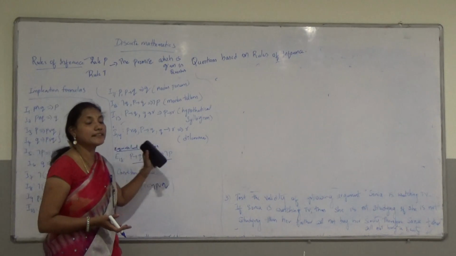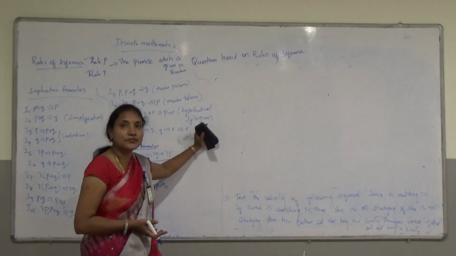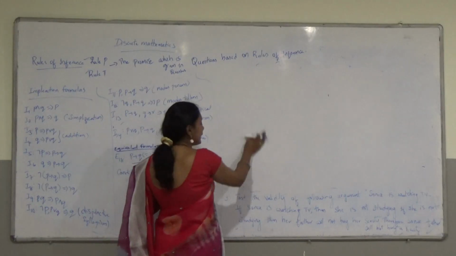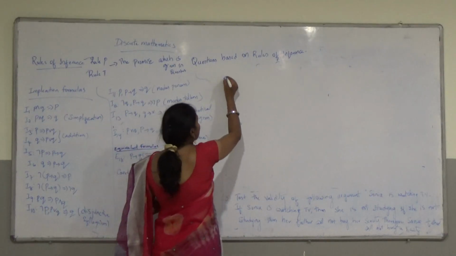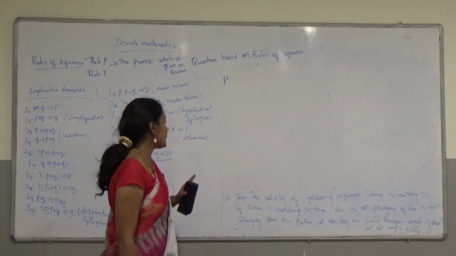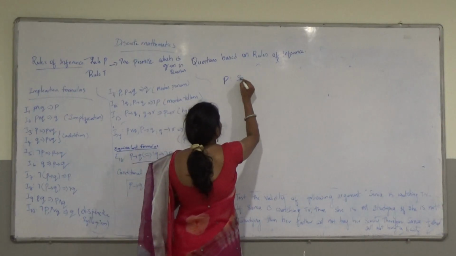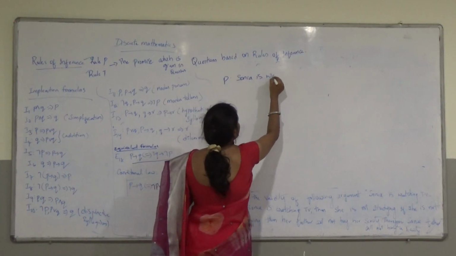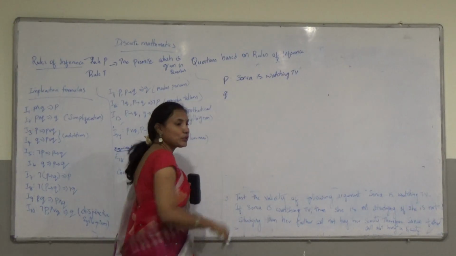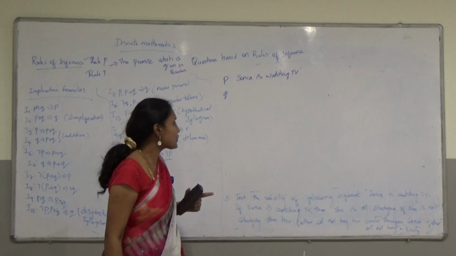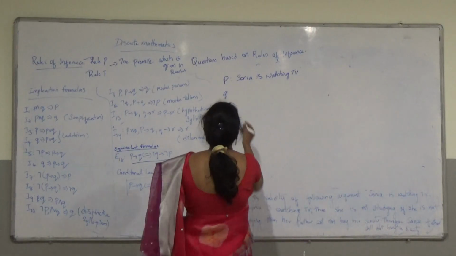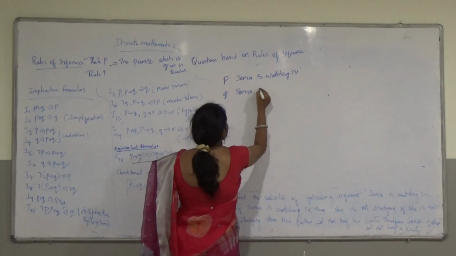You need to divide the statements according to the different variables and assume them as given premises. So I am dividing the question into different variables. I am assuming some P. What is the statement we can make? First statement is Sonia is watching TV. Next statement Q: we are talking about studying, so let us write Sonia is studying.